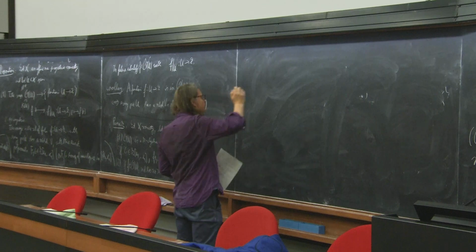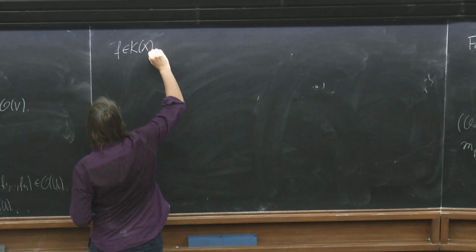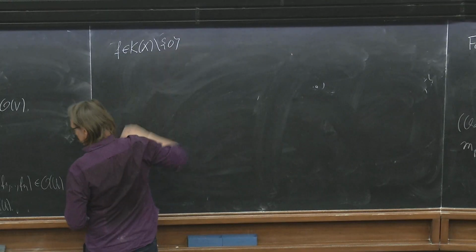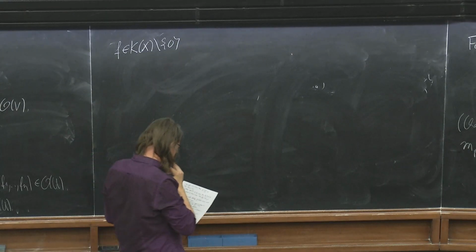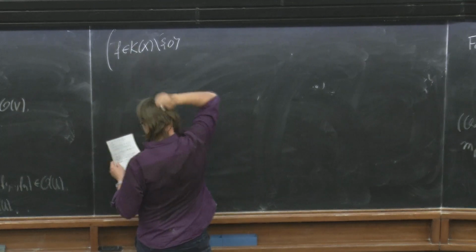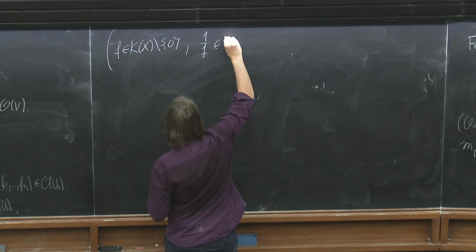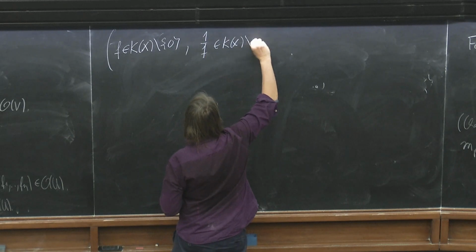So f is certainly an element of K(X) without 0, and therefore 1 over f is also an element in K(X) without 0.